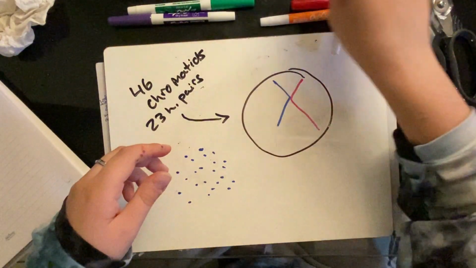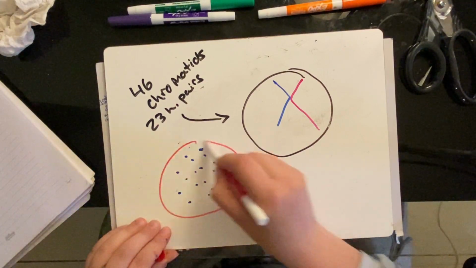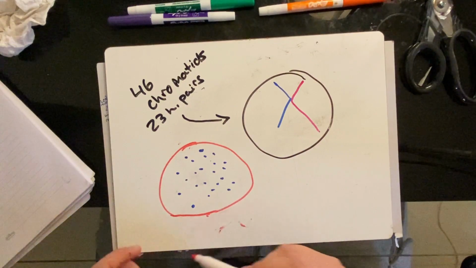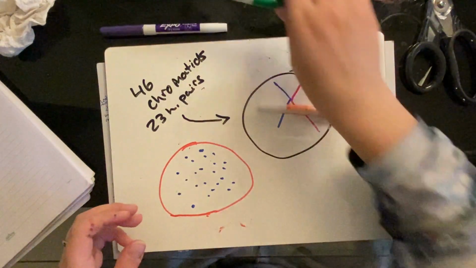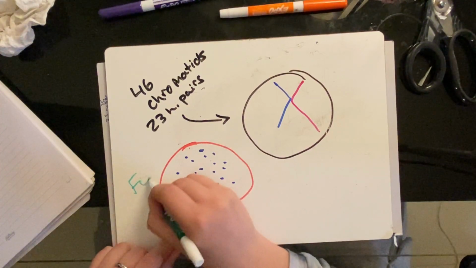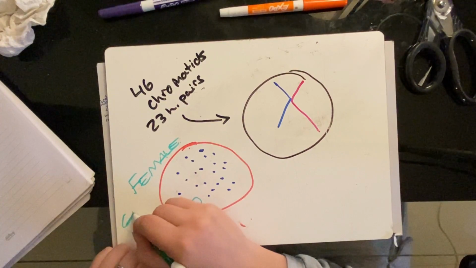And let's say this red represents a gamete cell. Maybe this is a female gamete cell.